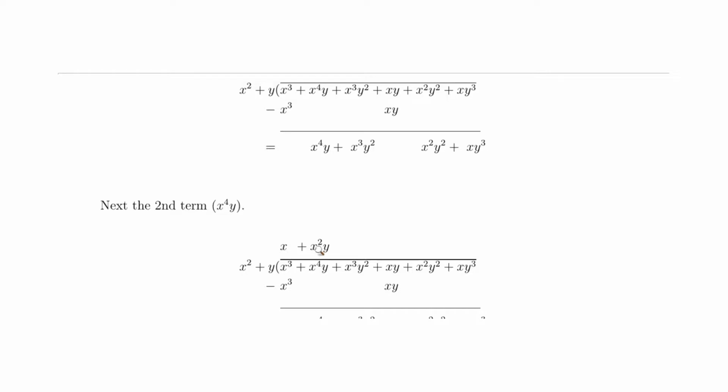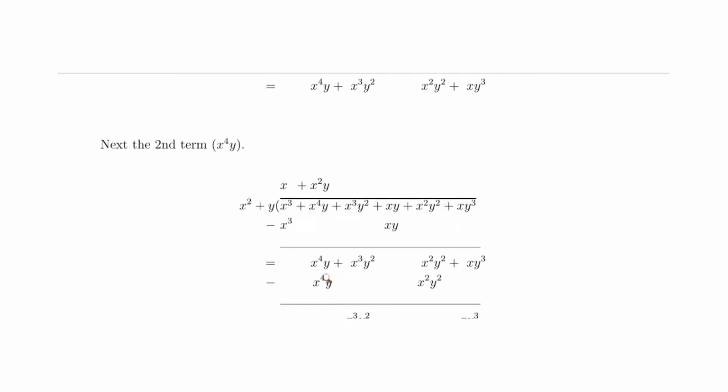So now we need to apply this x squared y to each of the terms in the denominator. So x squared y times x squared is x to the 4 y. x squared y times y is x squared y squared. So now we're going to subtract that from our original remainder that we had here.